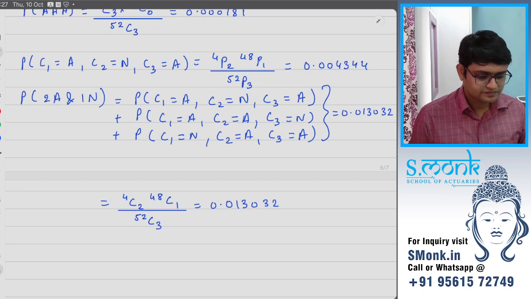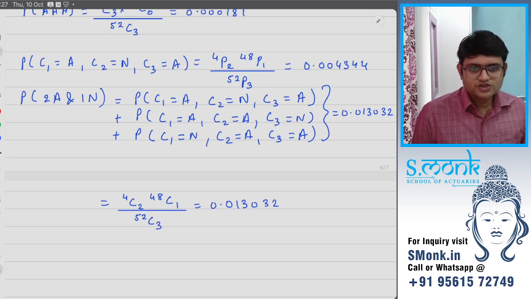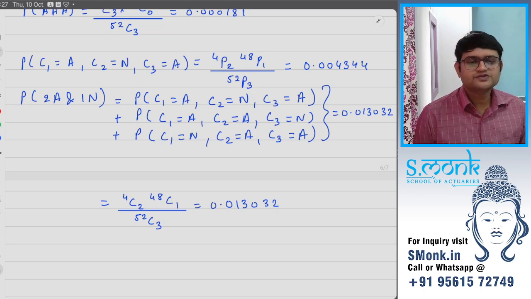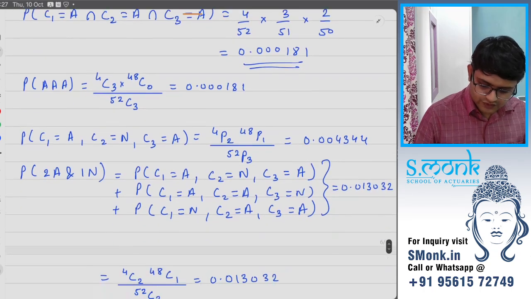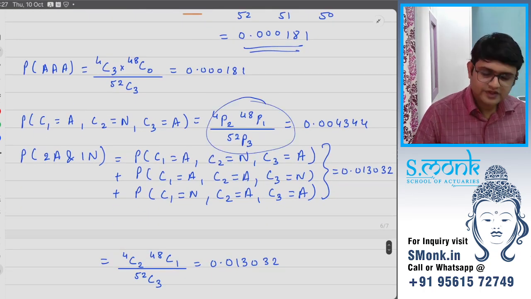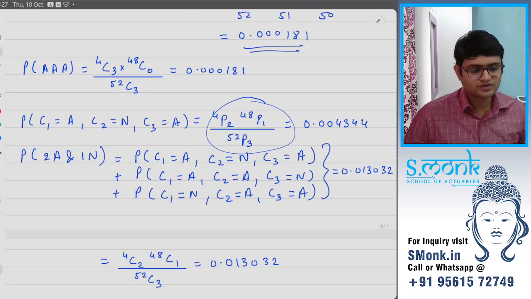So whenever we have a sum without replacement, we will use either permutations or combinations.